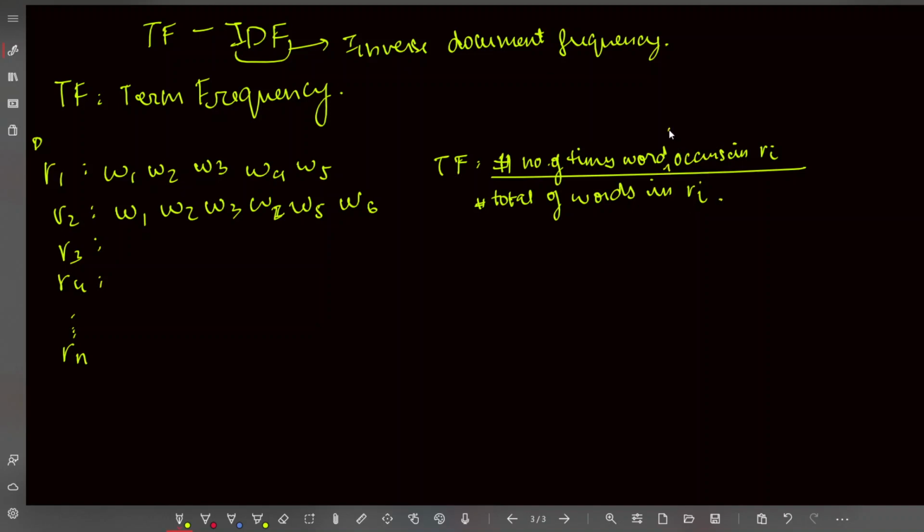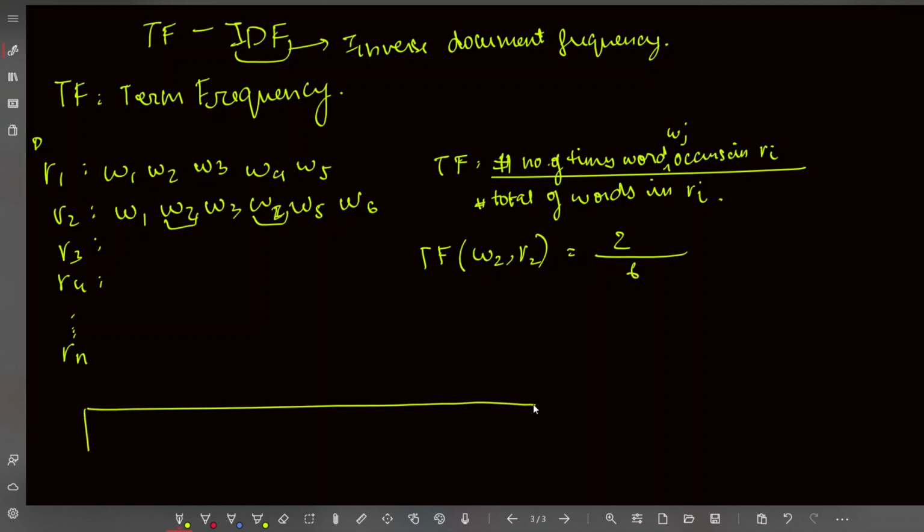Word, let's say some word Wj. So let's say term frequency of word 2 in review 2 would be the number of times word 2 occurs in review 2, which is twice. This is word 2 here, this is word 2 here, upon total number of words, which is 6. Okay, so this is the term frequency for word 2, review 2.